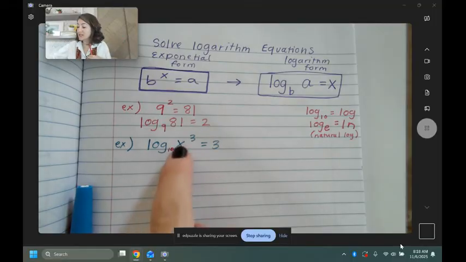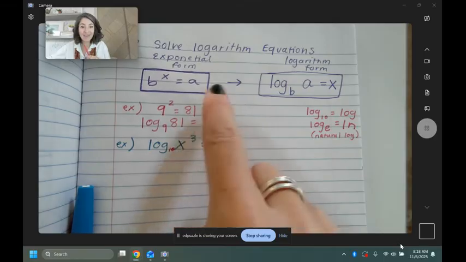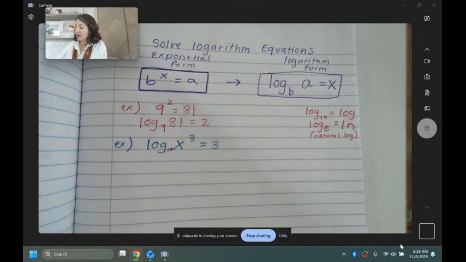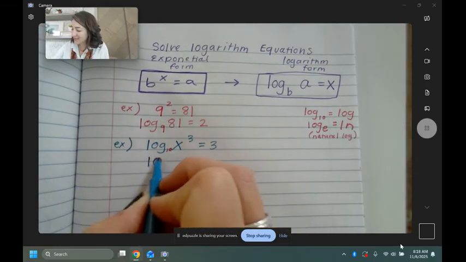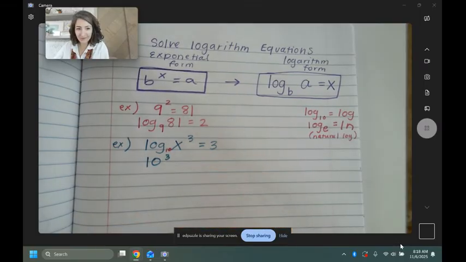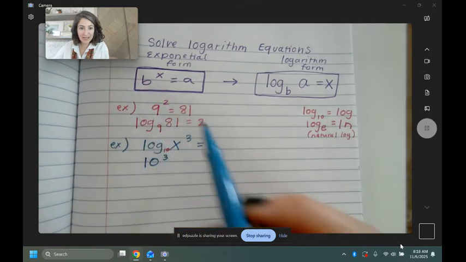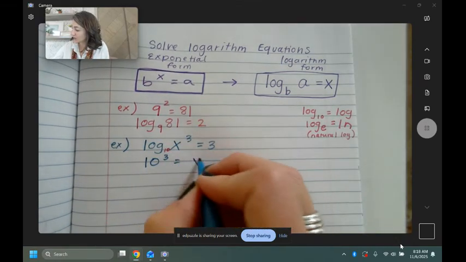Because in this case, I want the A, where the x is, to be alone. So I'm going to rewrite this in exponential form. So this is really 10 raised to the third, right? Because the base is 10. The exponent is the answer, equals x to the third.